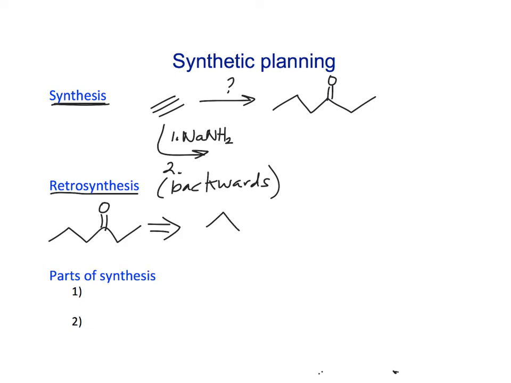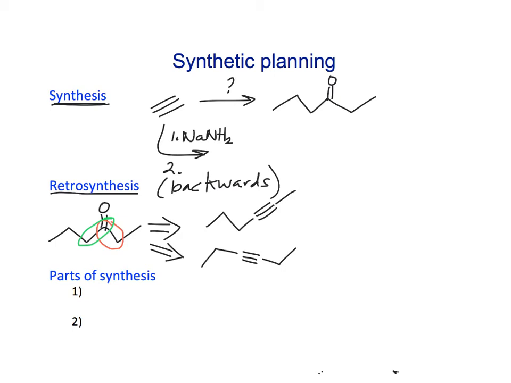We could make the ketone from this alkyne. So the alkyne would either have to be here or it would have to be here. So that would be one possibility. The other possibility would be to put the alkyne here.